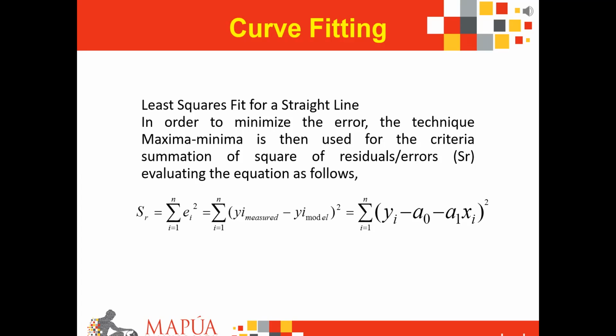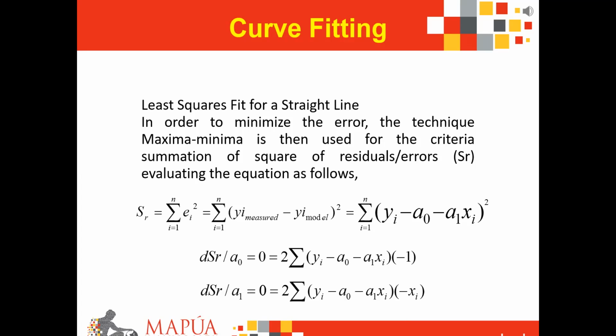Upon doing so, you need to evaluate the maxima and minima of the variables, namely A0 and A1, thus obtaining the partial derivative of your criterion with respect to A0 and the partial derivative with respect to A1, ending up with these given equations.